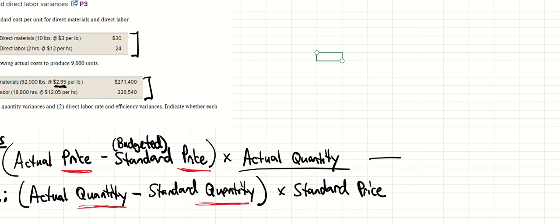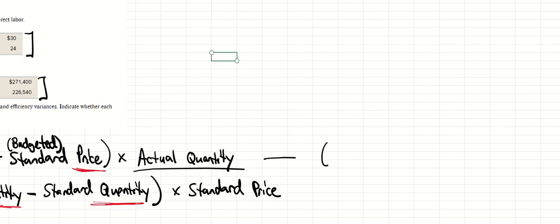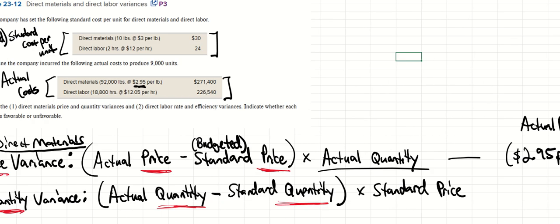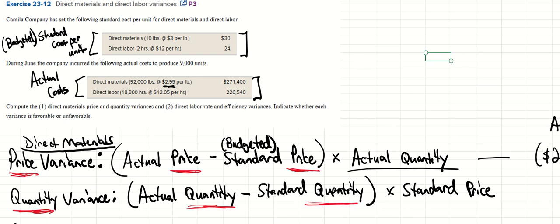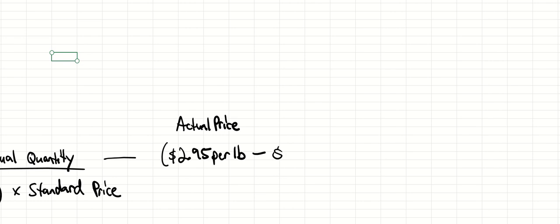So let me plug in here, $2.95 per pound, and this is going to be our actual price. And we're going to subtract from it our standard price. Our standard price is up here in the standard cost per unit for direct materials, $3 per pound. That's our standard price.